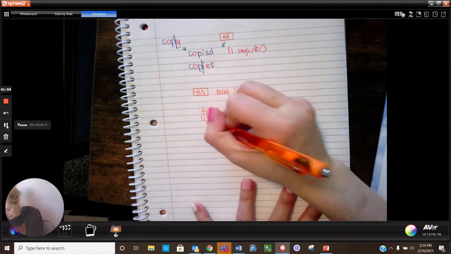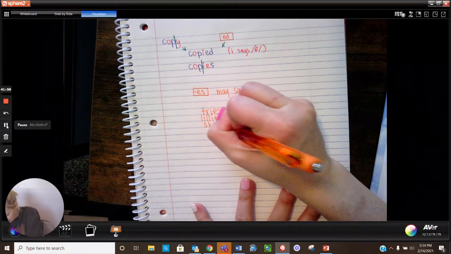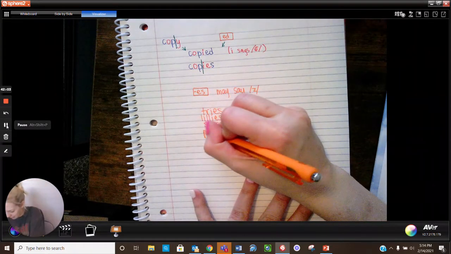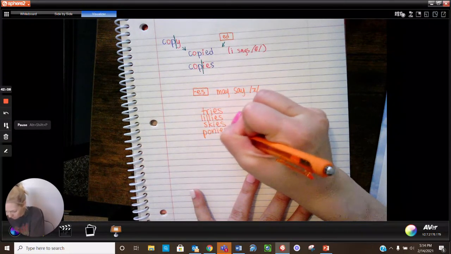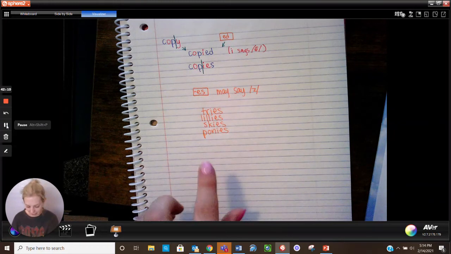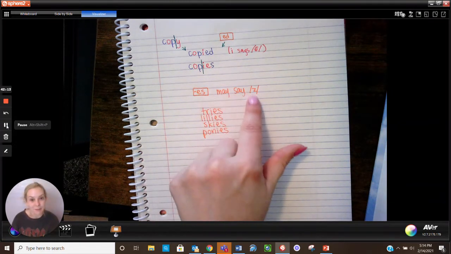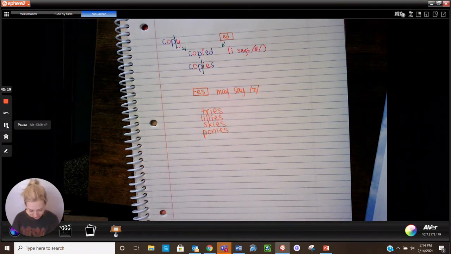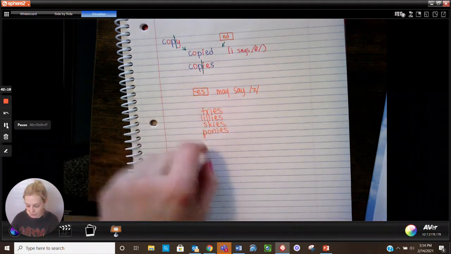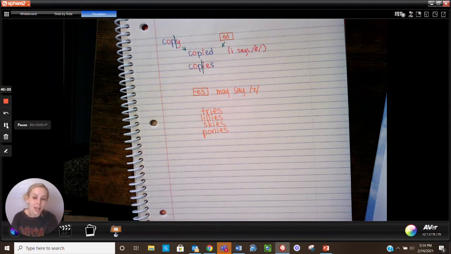Here's another one. Skies. And I have one more. Ponies. So, a lot of times, es may say the Z sound. And you can see that a lot of these words, or at least lilies and ponies, also have three vowels in them.